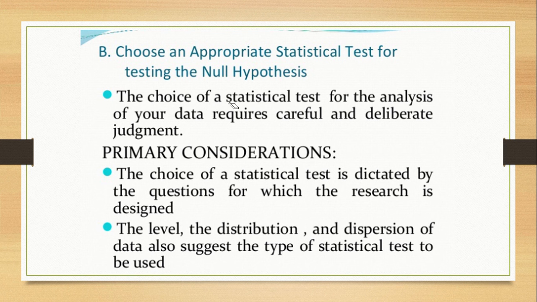So the choice of statistical test for the analysis of your data requires careful and deliberate judgment. So we have here the primary considerations. The choice of statistical test is dictated by the questions for which the research is designed. And the level of distribution and the dispersion of data also suggest the type of statistical test to be used.